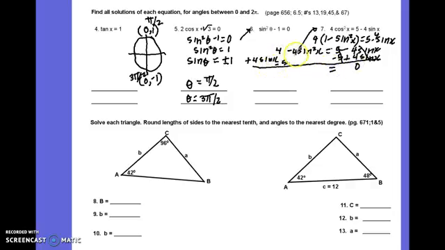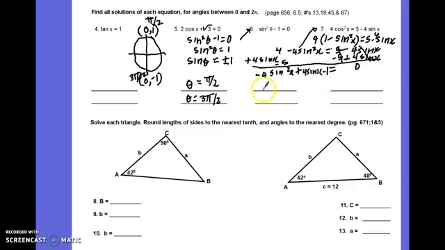On the left then, we'd have negative 4 sine squared x plus 4 sine x, and then 4 minus 5 is negative 1, minus 1.